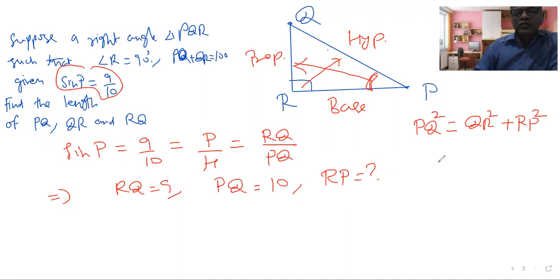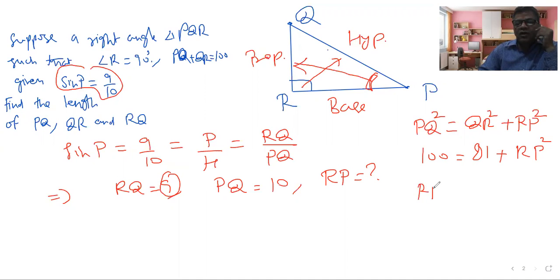What is PQ square? That is the square of 10, that is 100. So 100 is equal to QR square, and QR square is the square of 9, that is 81, plus RP square. So RP square will be equal to 100 minus 81, that is 19. So this implies RP equal to root 19.